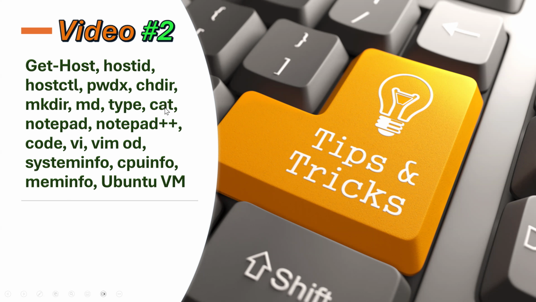Even though I covered the cat command on video number 1, I'm also covering this one because of type, and this I'm going to cover more. So Get-Content, and type and cat are commands. These two are aliases to Get-Content.